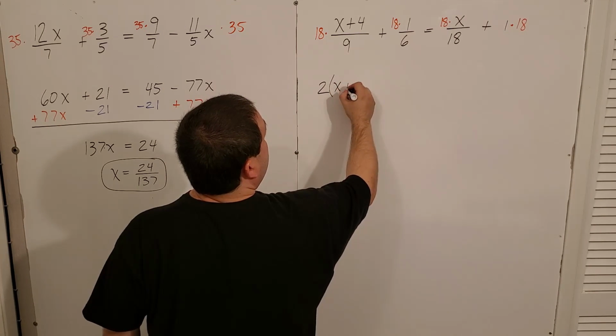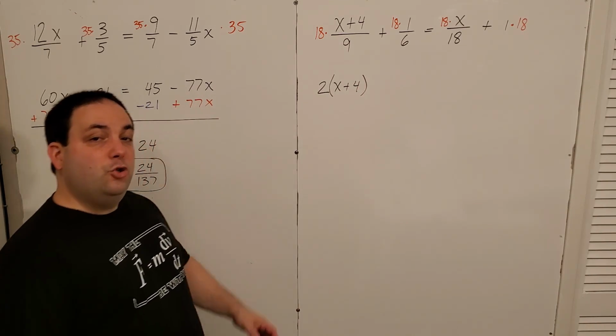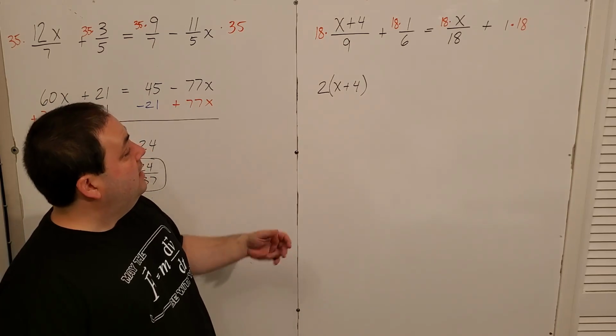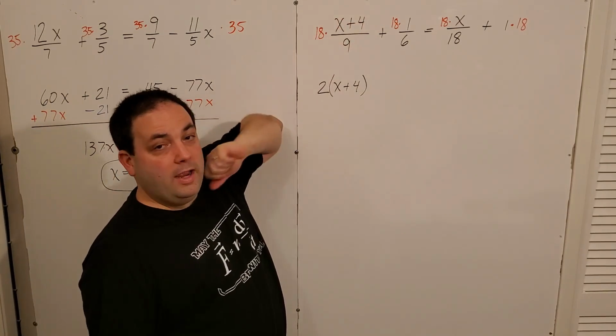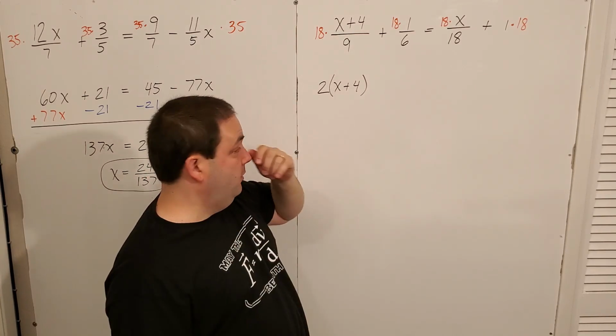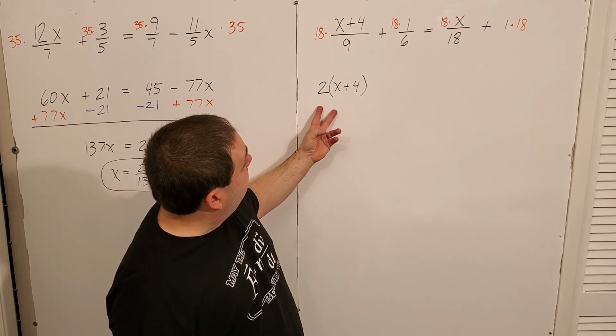And I'm going to write out this step here. The 2 is multiplied by the entire numerator. Okay? I'm not just going to do 2x. Don't make that mistake. The 2 is times the whole fraction. Or, well, in this case, the whole numerator, because after you get the 2, the denominator is 1. So this is what's left over.